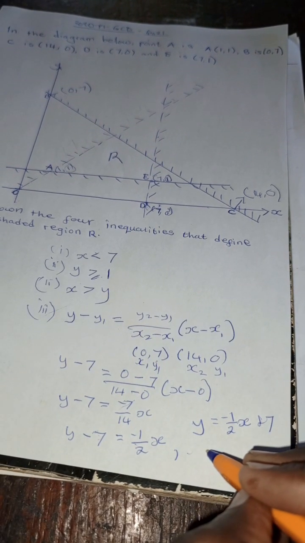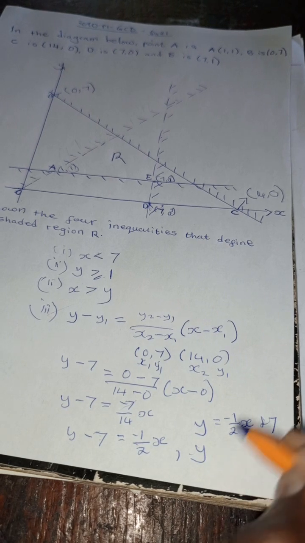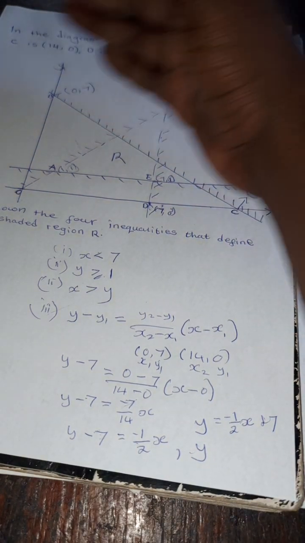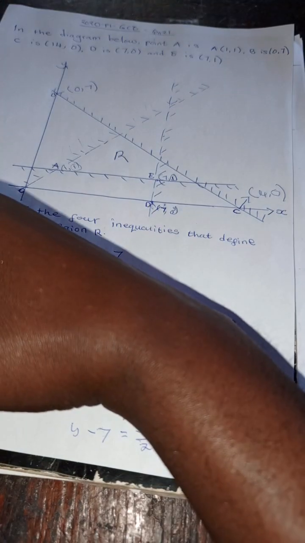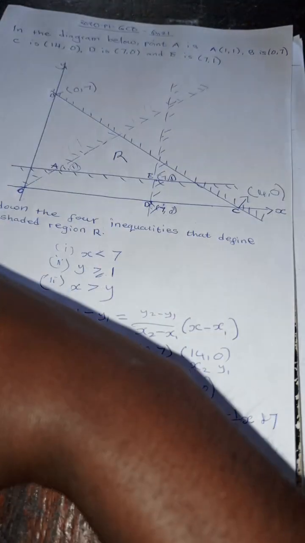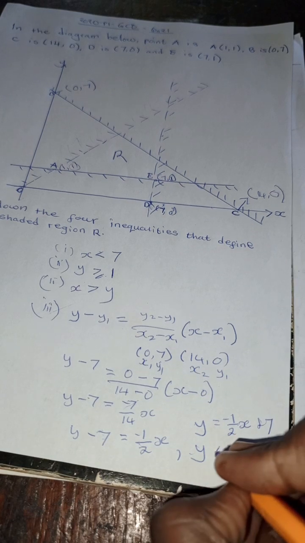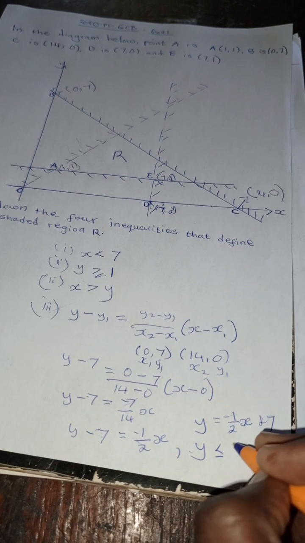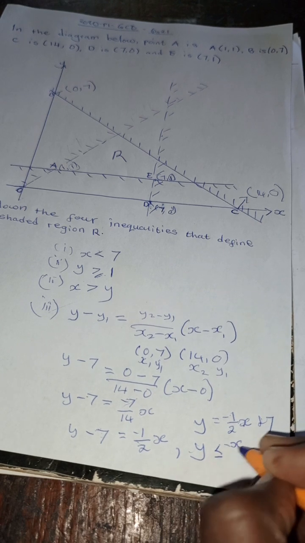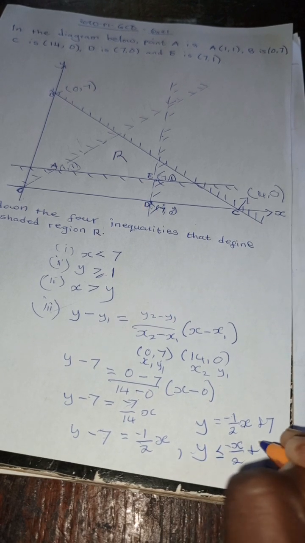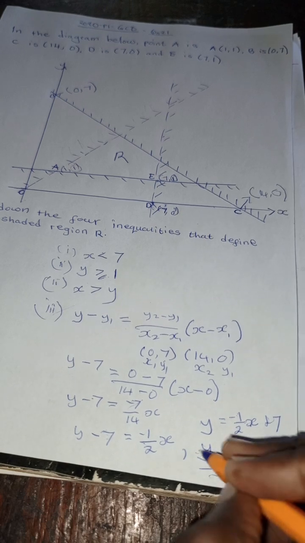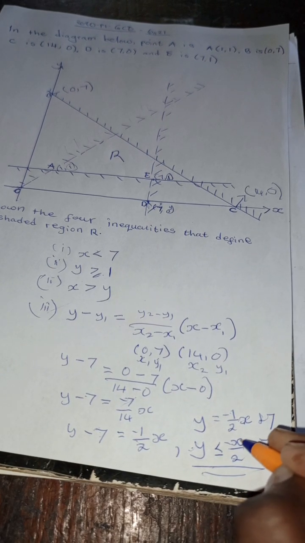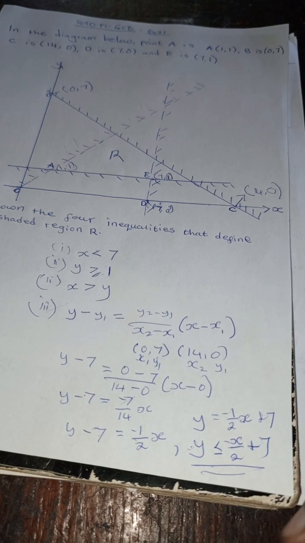Now following the inequality, getting back to the diagram, on this side y is greater, this side y is less, so the unshaded region is the less part. So we say y is less than or equal to negative x over 2 plus 7. So that's it.